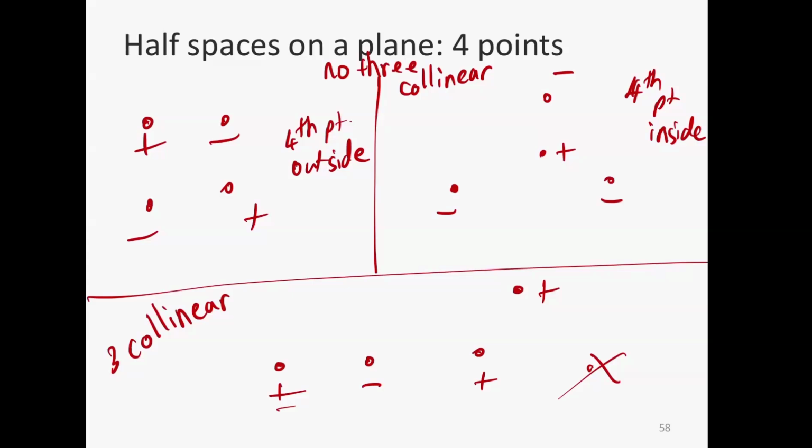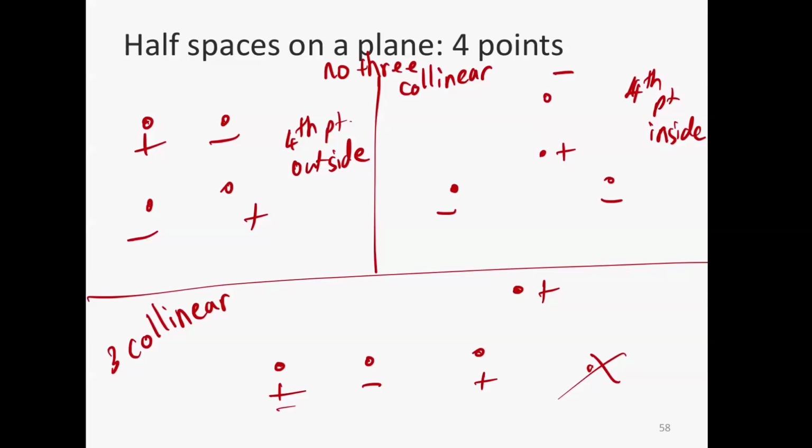If the fourth point is outside, then I have the XOR situation. So these are the only ways in which I can place 4 points on a plane. And every data set consisting of 4 points on a plane has to be one of these three cases. And in each case, I'm able to find a labeling that prevents the line from matching it. That means that every possible data set of 4 points cannot be shattered.